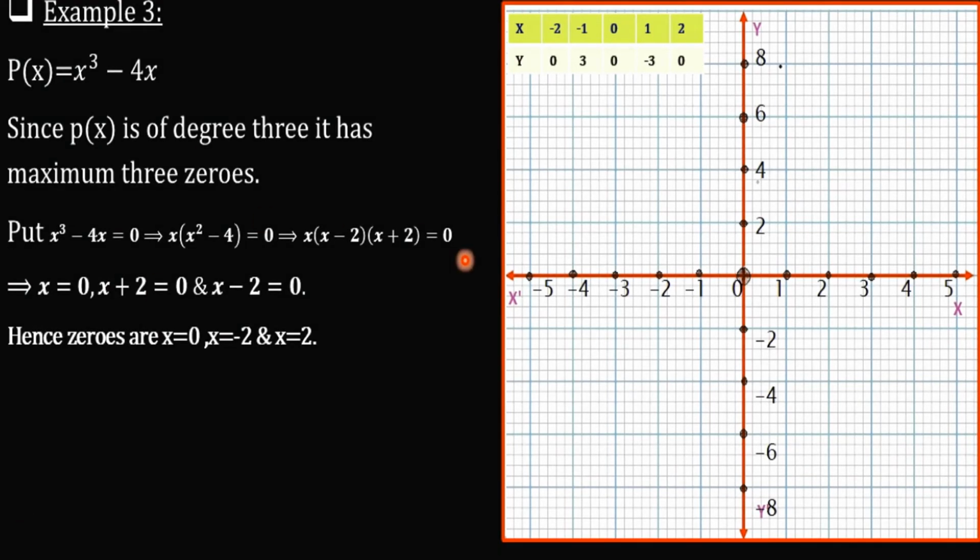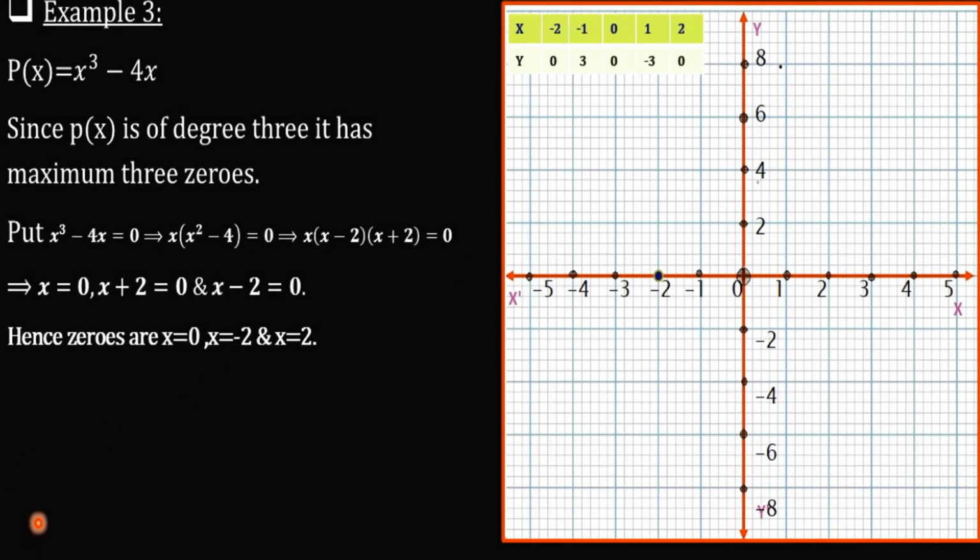So at first we can plot the point x equal to 0, then y equal to 0. x equal to -2, then y equal to 0, that is this point. That is, x-axis is -2 and y-axis is 0, this point.